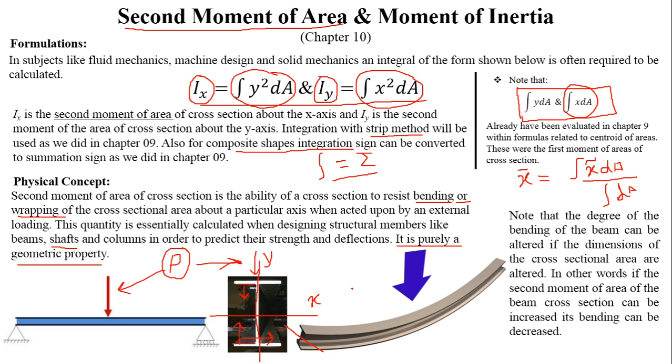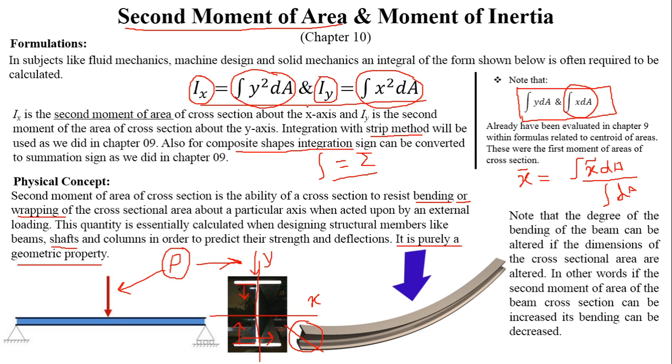So there are efficient cross sections that can be manufactured, which can resist bending more effectively than others. This is the concept. We have to efficiently modify the cross section of structural members so that the value of this integral, the second moment of area, increases.